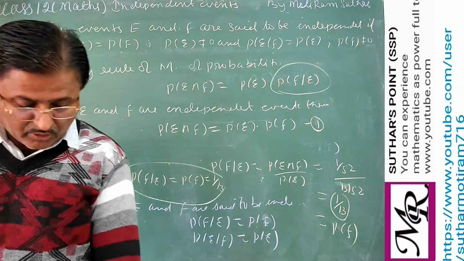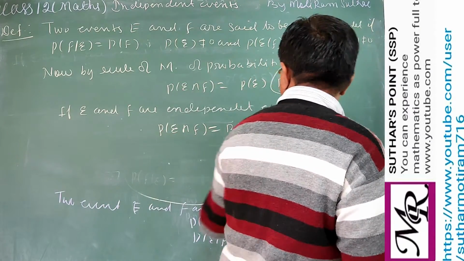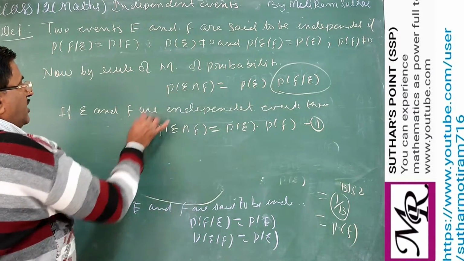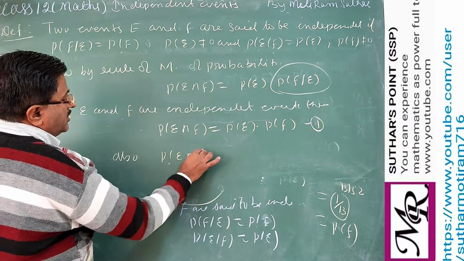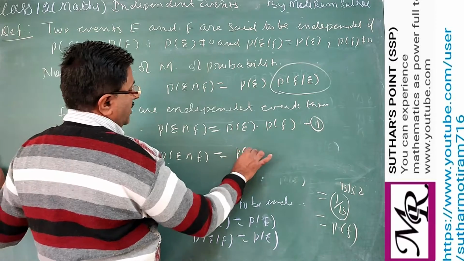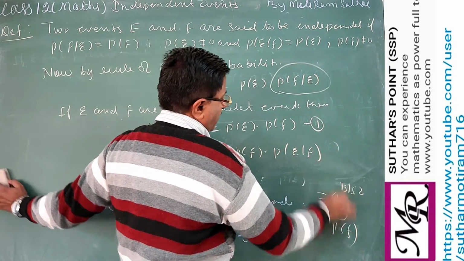Clear? Similarly, for the second, we also have the multiplication rule: P(E ∩ F) is equal to P(F) into P(E|F).